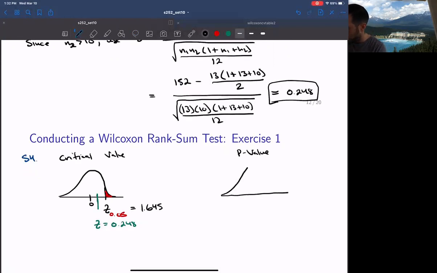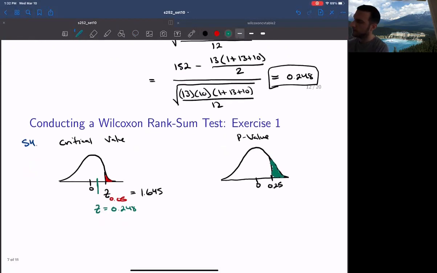And if we take the p-value approach, okay, so we have 0 here. We'll round our test statistic to 2 decimal places because of the structure of the normal table. All right, so the p-value is equal to the probability that z exceeds 0.25.